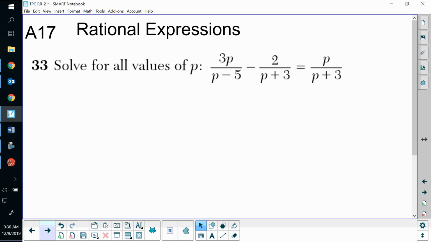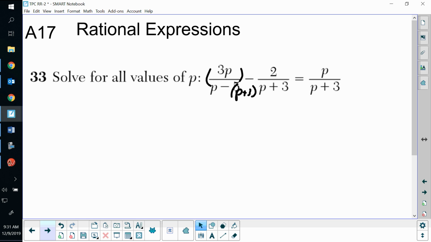So this is actually a rational equation because we have an equal sign. When you have a rational equation, we want to get a common denominator and then drop the denominator. We saw this in one of our review mini units. So every denominator needs to have a p plus 3 and a p minus 5. So this one needs a p plus 3 multiplied top and bottom.